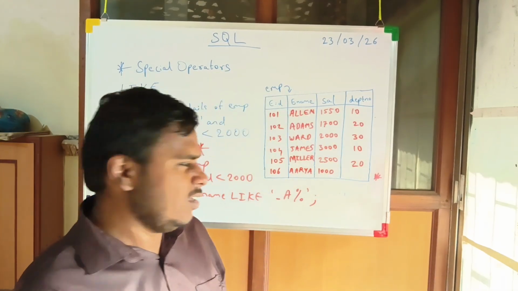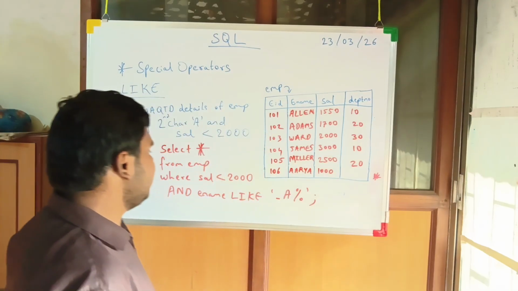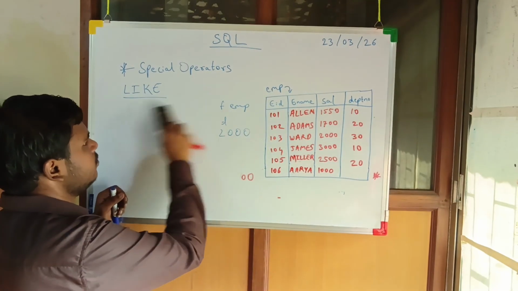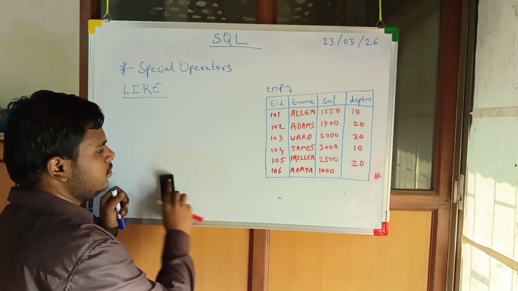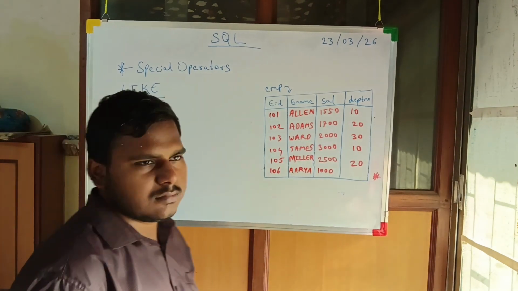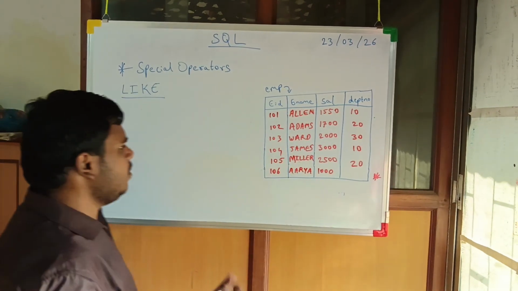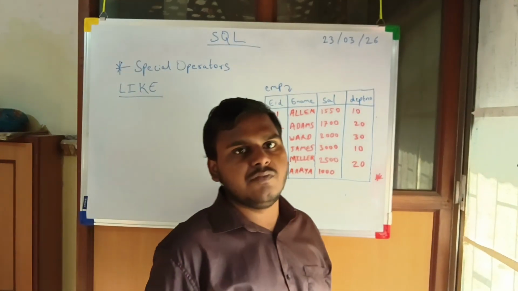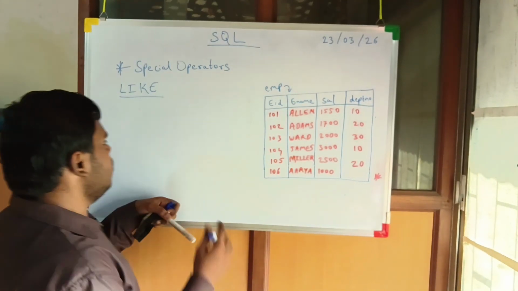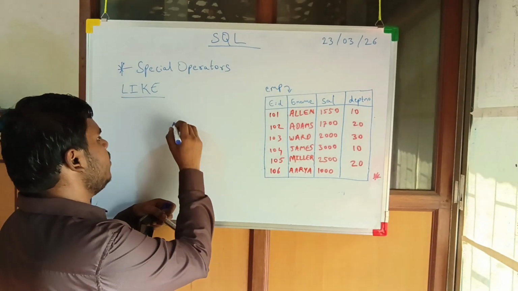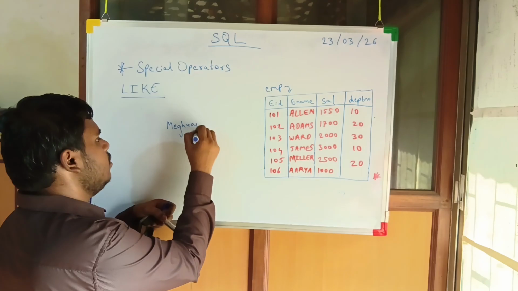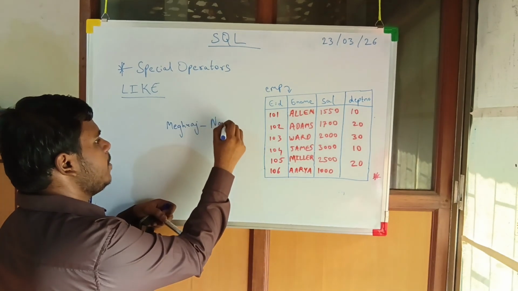But one thing, sir, one small concept left, sir. Suppose underscore and percentage have a behavior. Now in a name, say if I give a name like Megh_raj, underscore Nadar.